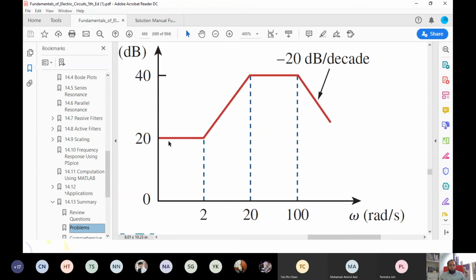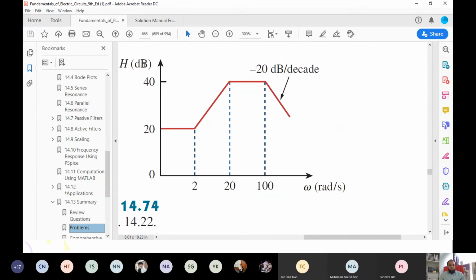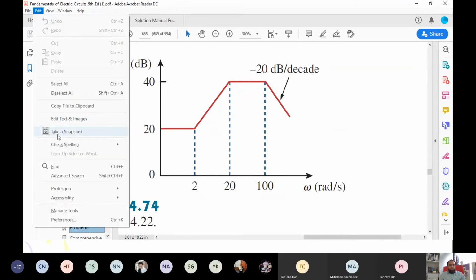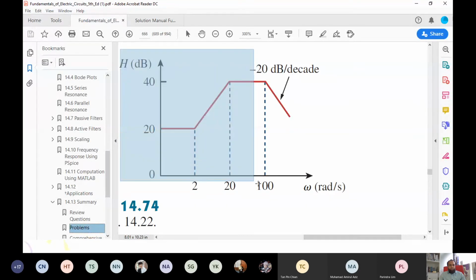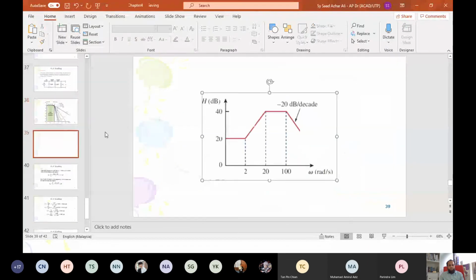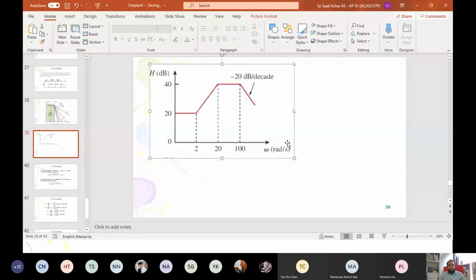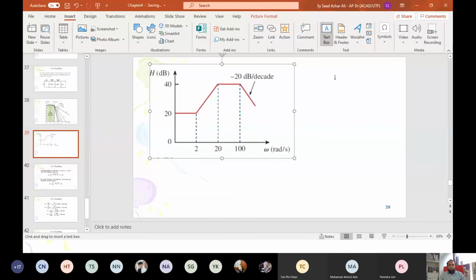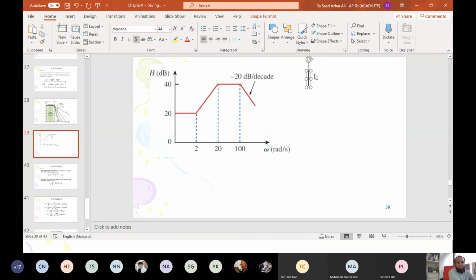So if the magnitude is 20, then 20 equals 20 log of x.